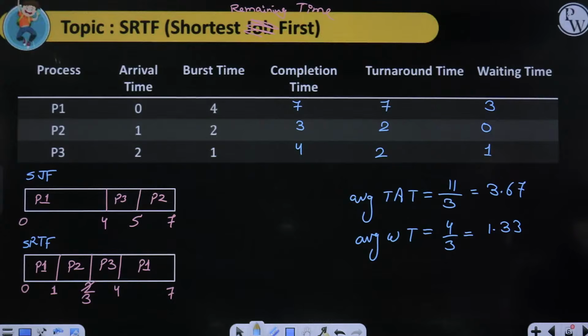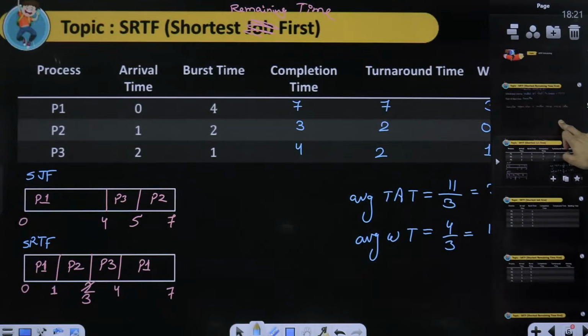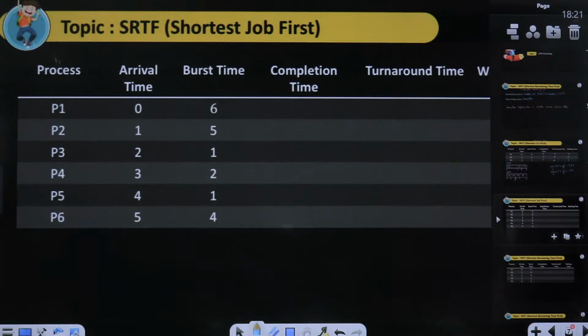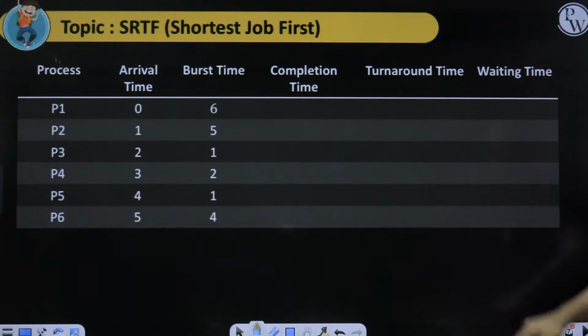If you guys understood how we solved this, then we can solve a question here. Yes, of course. 6 processes are here. Let us try.